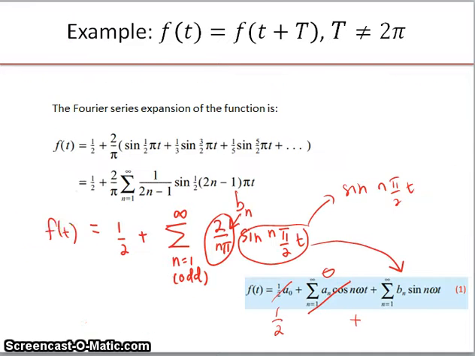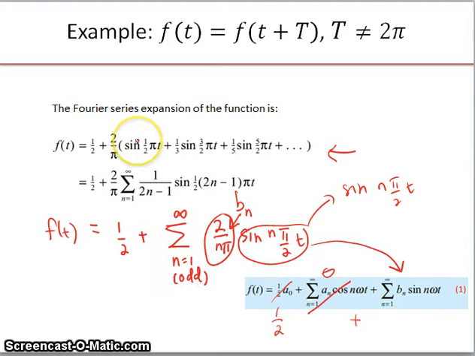Alright, you can see from this slide that it can also be represented like this, where we now replace the value of n starting from 1.